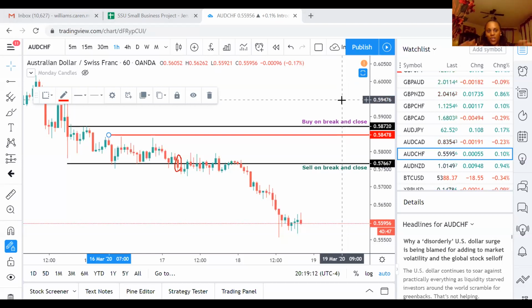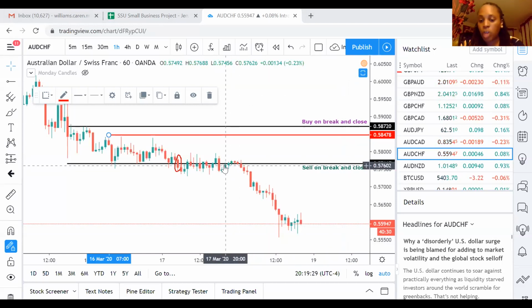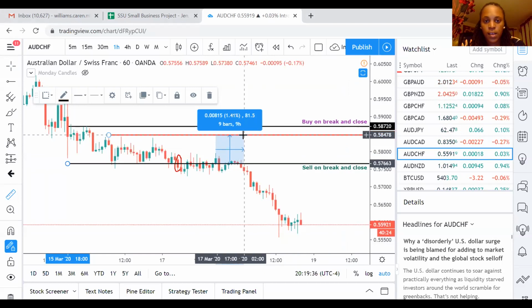This is when risk management actually gets deeper. We always talk about risk management. We talk about don't risk what you're not willing to lose. It gets deeper here because if I am going into a trade, let's say I have a $200 account and I know that my stop loss here is around 81 pips.